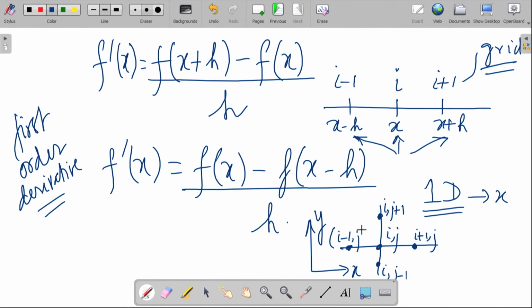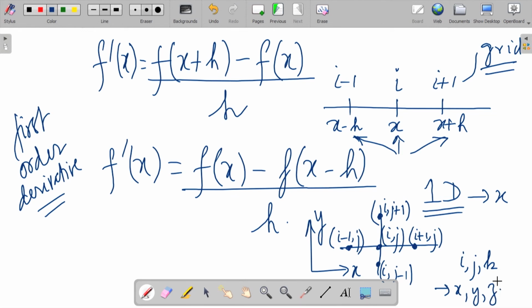Sometimes these are also put in brackets. You can very well imagine that this can get extended to 3 dimensional space, where you would need 3 indices to indicate the x, y and z directions. This is the spatial part of the problem.